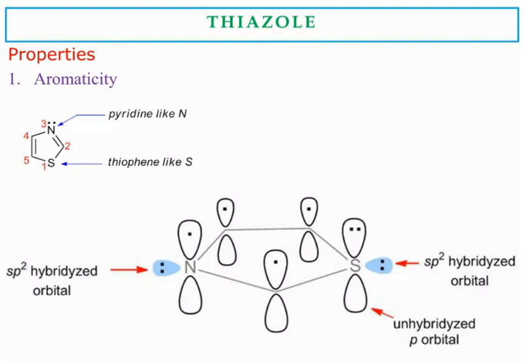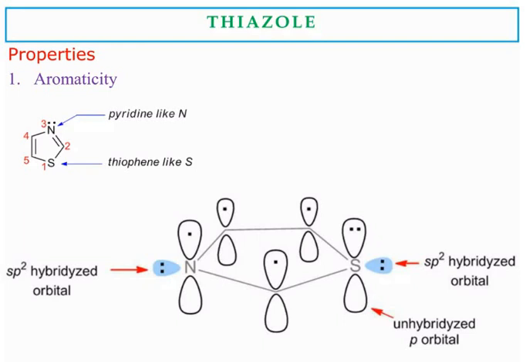Thiazole ring is a 5-member heterocyclic compound with 2 heteroatoms. The first heteroatom is sulfur and the second is nitrogen. So numbering always starts with sulfur.